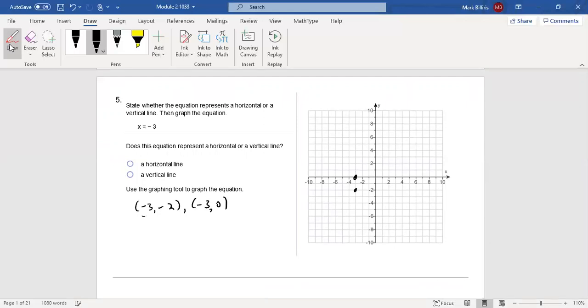So notice that our x value is -3. That's what they're interested in for this problem. So if we connect these 2 points, we're going to have a vertical line. So always when we have one variable and the variable is x, we'll have a vertical line passing through that particular intercept.